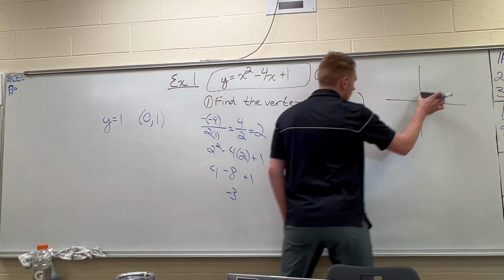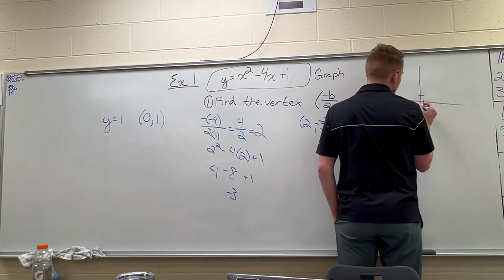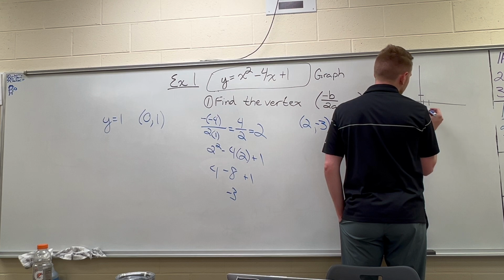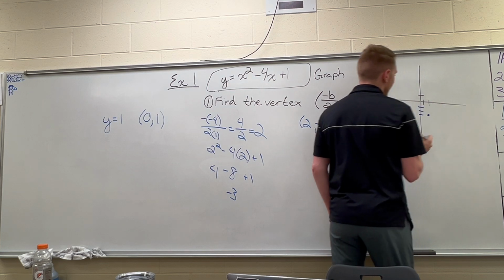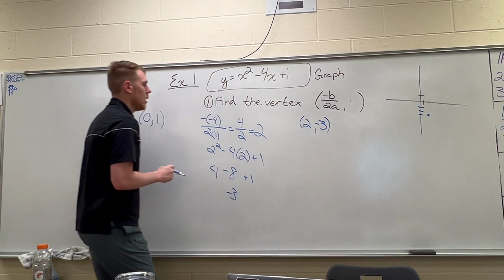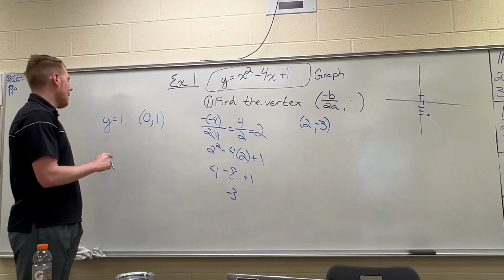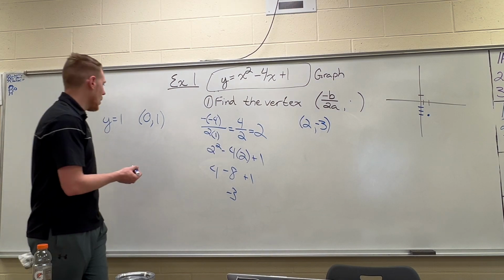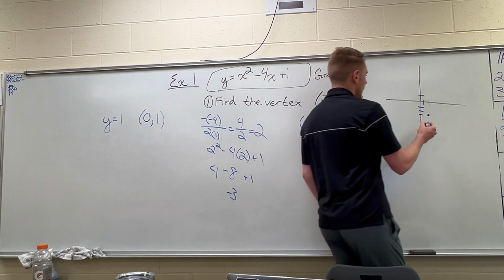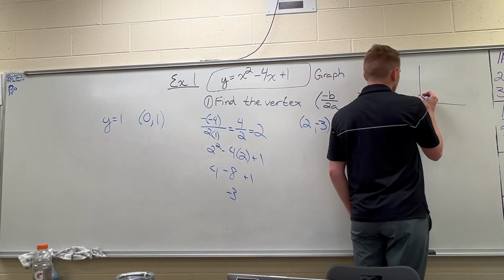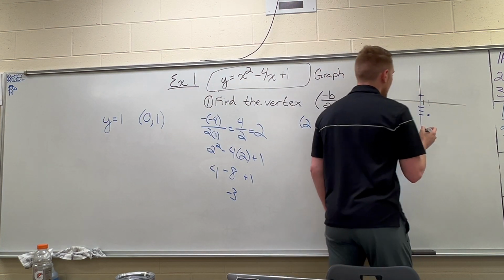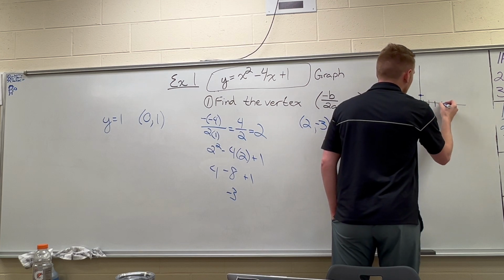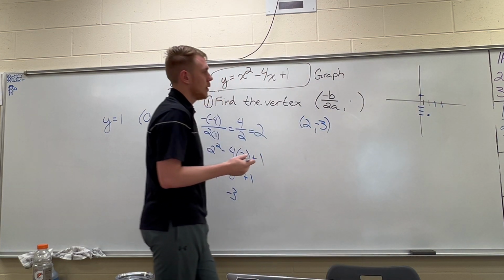So I come over here, I fix this. 1, 2, 3, 2, negative 3. Okay, there we go. All right, so we have that fixed. Now we can plug in, I put 0 in, it becomes 0, 1. So 0 up 1. Okay, and now I'm going to do 4.